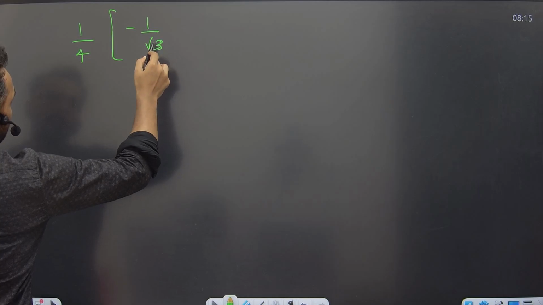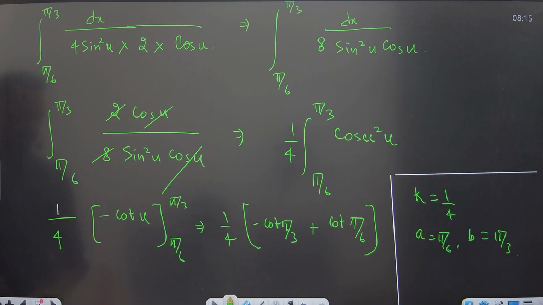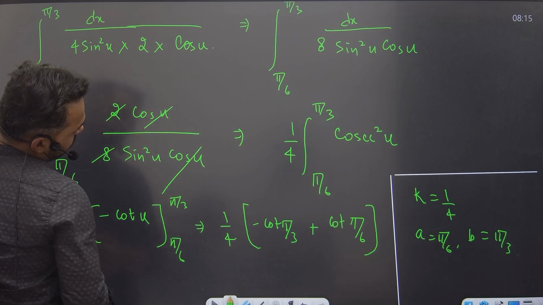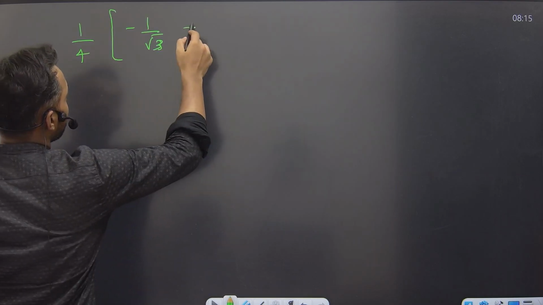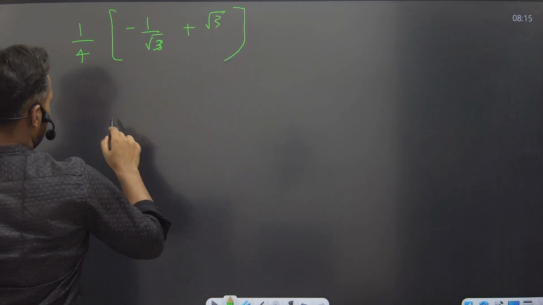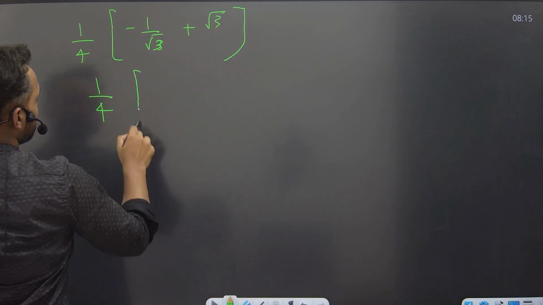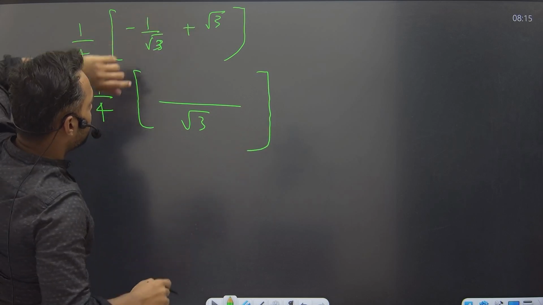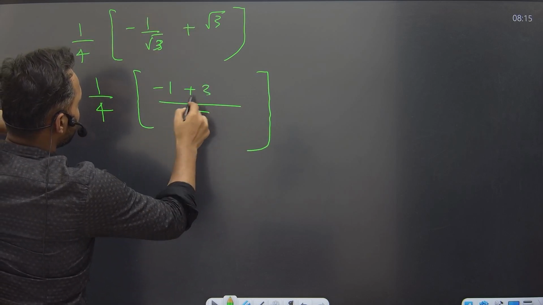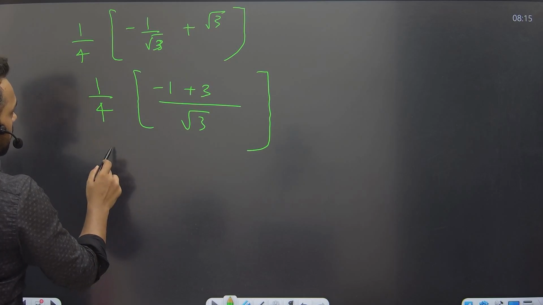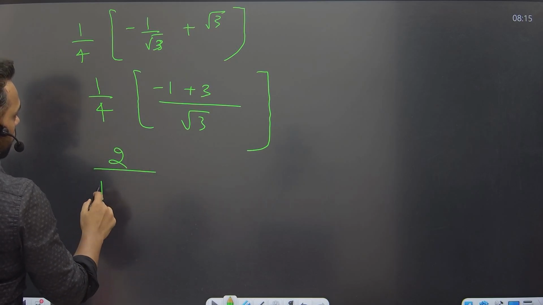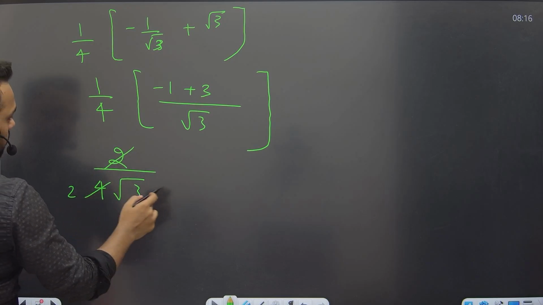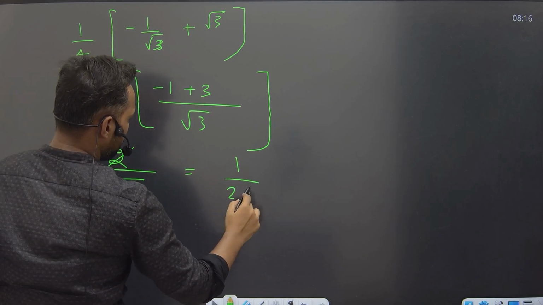If you don't know this value, you can take the help of a calculator. For cot pi by 6, which is cot 30, it will be equal to root 3, so plus root 3. So it will be 1 by 4, and in the bracket, if you take the LCM, you will get negative 1 plus 3. On further calculation you will get 2 by 4 root 3. If you cancel it, you will get 1 by 2 root 3.